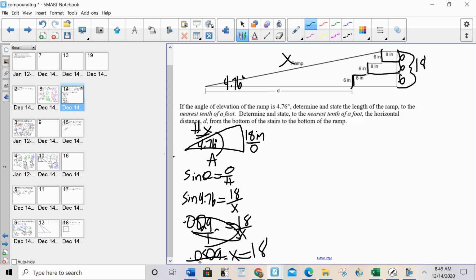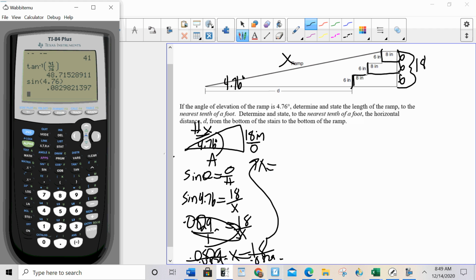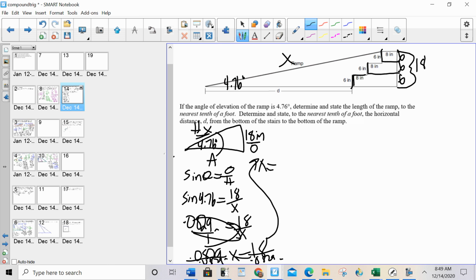I am totally out of space here. Sorry for the sloppiness. It is what it is. I get x equals 18 divided by, copy and paste that, 216. However, that's inches.